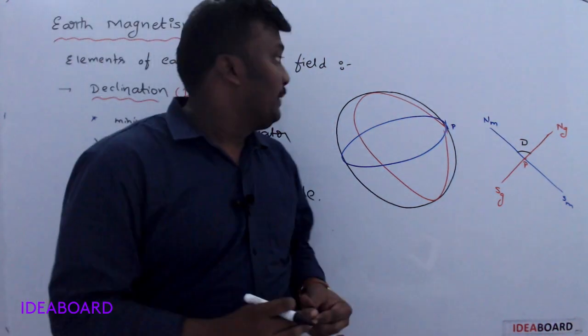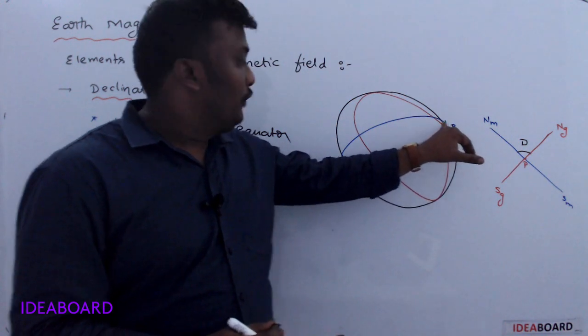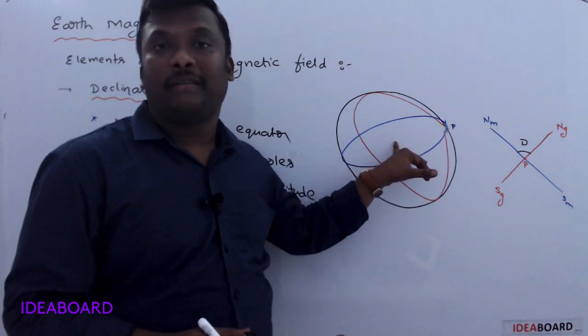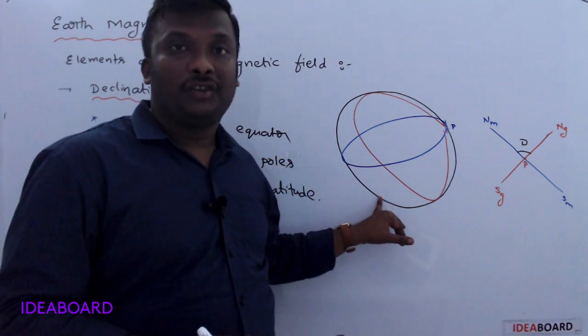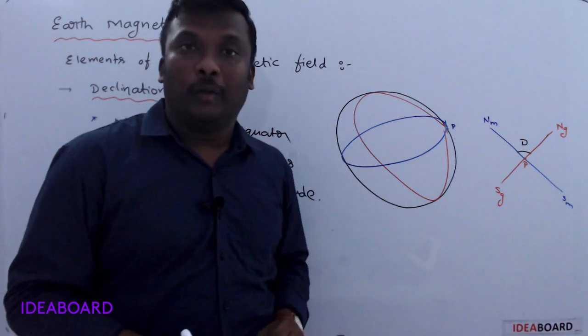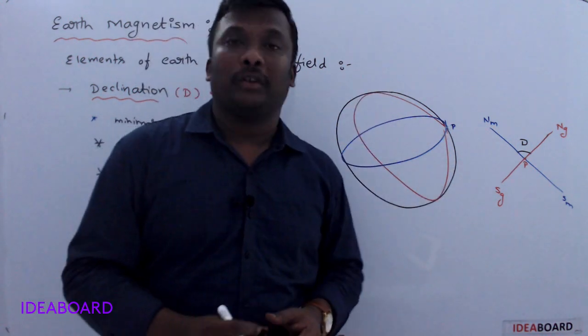So if you take the point P here, it has one value of declination; if you take the point P here, it has another value of declination. So it has a minimum value at the equator and a maximum value at the poles.